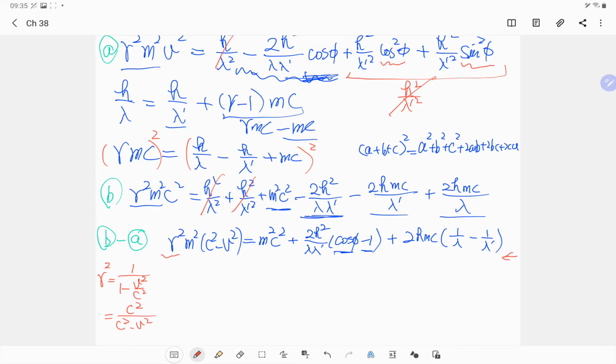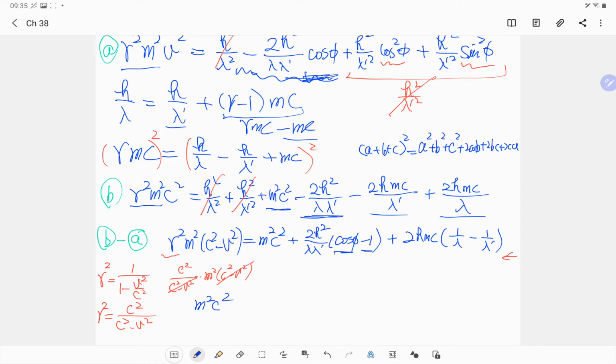So we have a lambda square like this. So we can substitute here, c squared over c squared minus v squared times m squared times c squared minus v squared. So this one and this one can be cancelled, and finally it becomes m squared c squared.